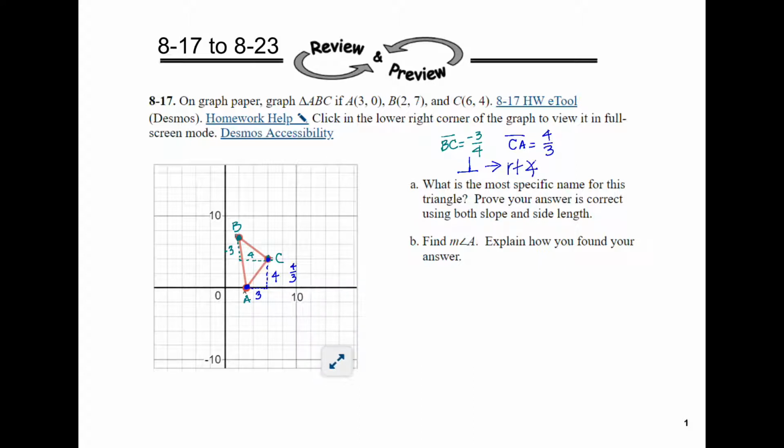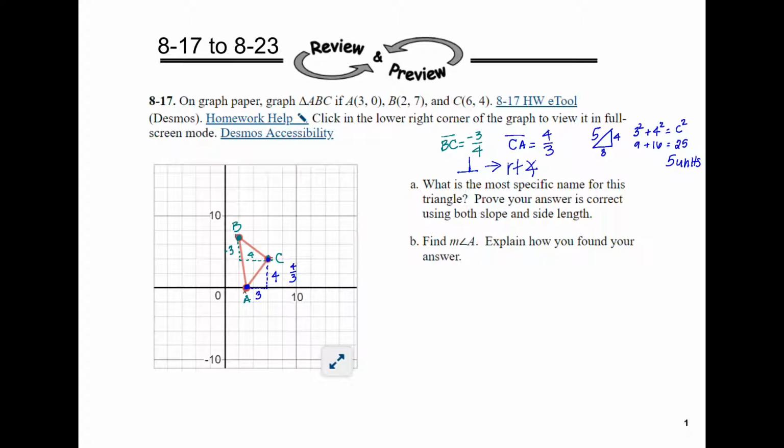I then want to look at the length of my sides. So using my triangle for CA, if I use my Pythagorean theorem, and my 3 and my 4, 3 squared is 9, 4 squared is 16, 16 plus 9 equals 25, which tells me that my hypotenuse is 5, or the length from A to C is 5 units.